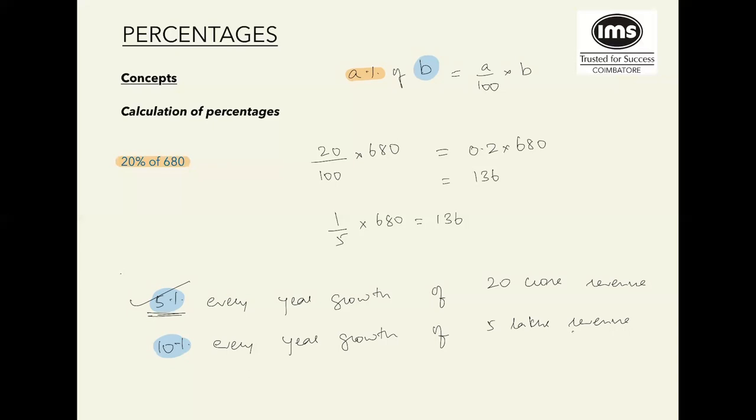So whenever we calculate percentages, be very mindful of what this percentage is of. It's a percentage of a particular value. It's a percentage of B. So this is very, very essential to understand. You can't just directly look at percentages and compare. All right.